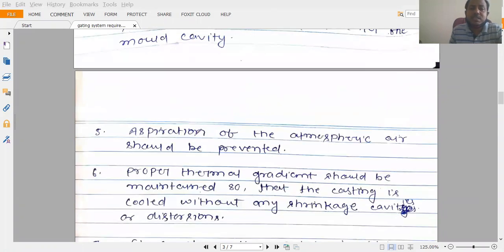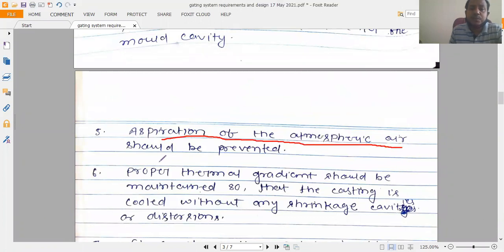So air aspiration should also be prevented. We design the gating system so that air aspiration is avoided.